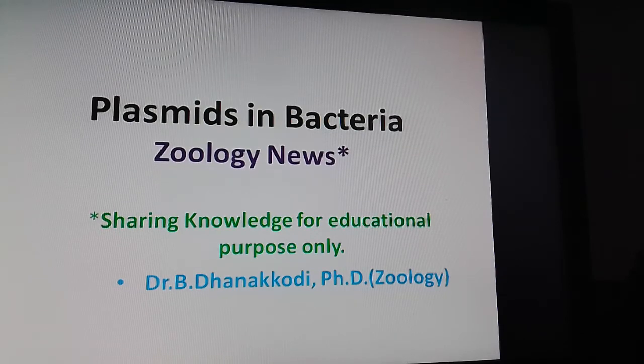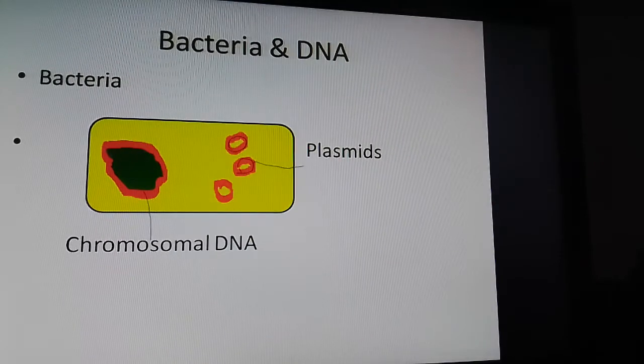There are two types of DNA in a bacteria. One is chromosomal DNA and the other called plasmids. Now the plasmids may be more in number. They are small circular DNA, relatively smaller than chromosomal DNA.